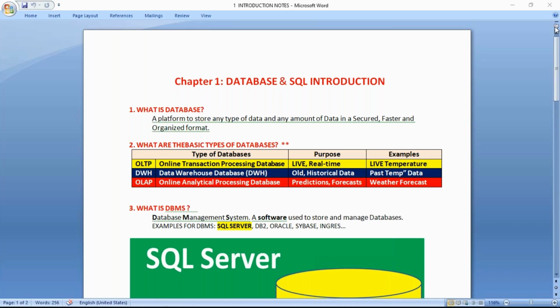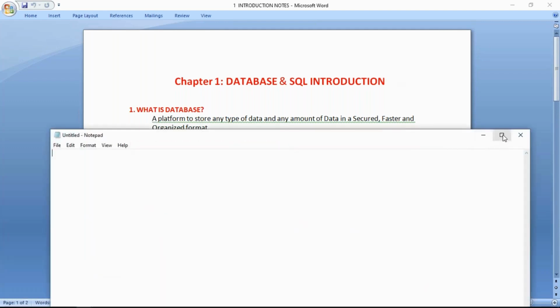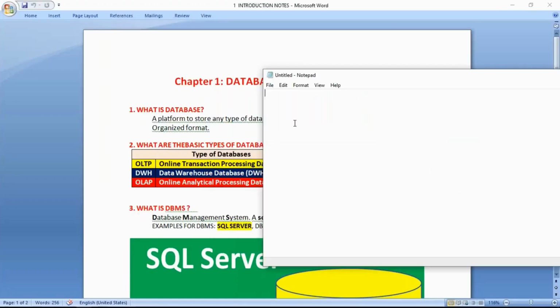So here we go. Being the very first meet, here is our plan. Firstly, we are going to learn what is database. Number two, why database.